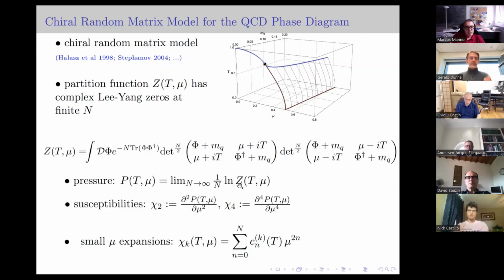And from that pressure, we can calculate certain things that can tell us something about this phase diagram as a function of temperature and chemical potential. And it'll be done at fixed values of m, so you can think of just slices of this phase diagram at fixed m. I have a brief question. Yep, sure. Is phi ranging over all possible n by n matrices? All complex n by n matrices, yes. Okay, thank you.